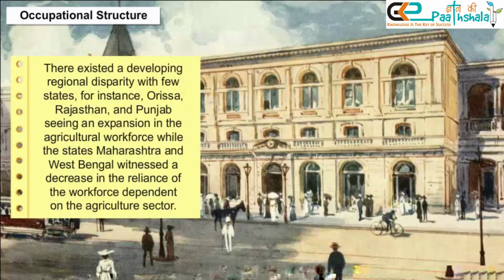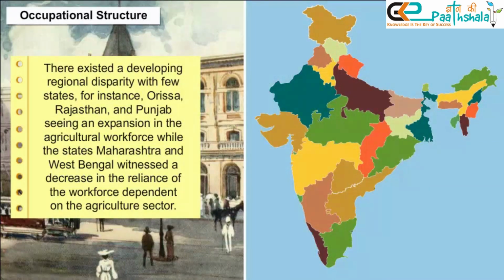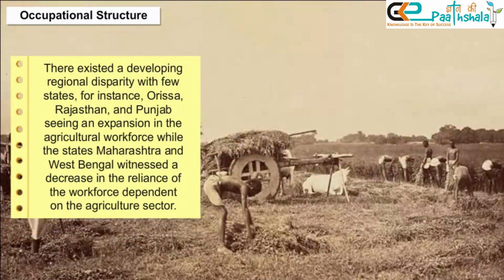There existed a developing regional disparity, with a few states, for instance Odisha, Rajasthan and Punjab, seeing an expansion in the agricultural workforce, while the states Maharashtra and West Bengal witnessed a decrease in the workforce dependent on the agriculture sector.